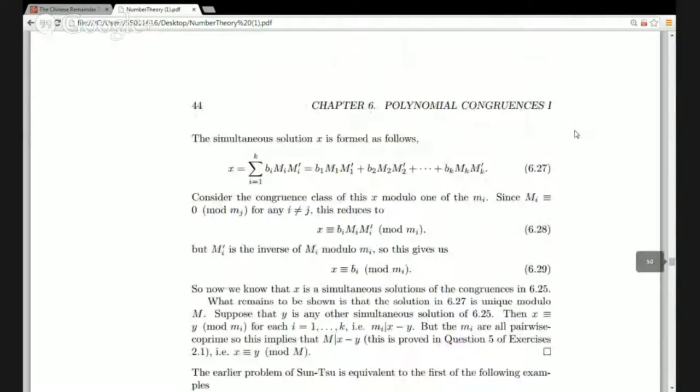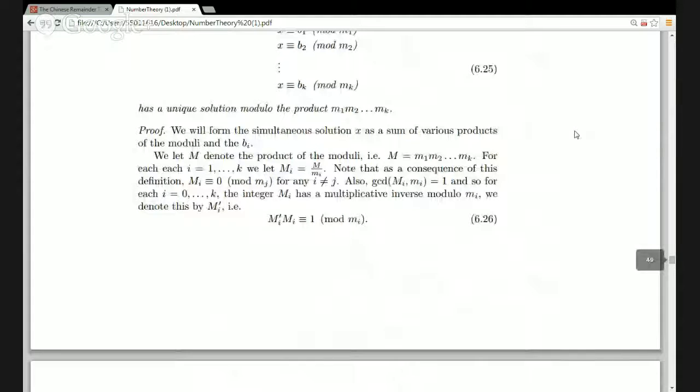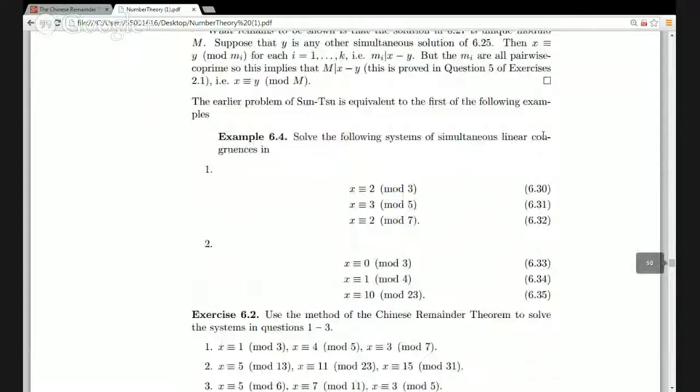Maybe we should look at an example first. Just an example of the kind of problem that this is going to solve: the first problem we wrote down that you can find in this early Chinese text. We've got x congruent to 2 modulo 3, x congruent to 3 modulo 5, x congruent to 2 modulo 7.